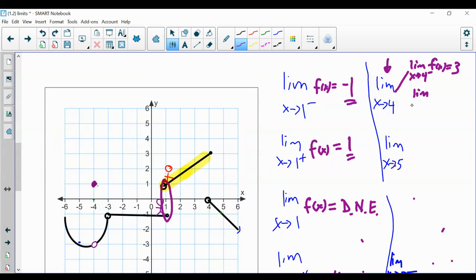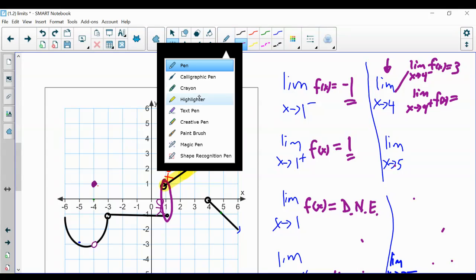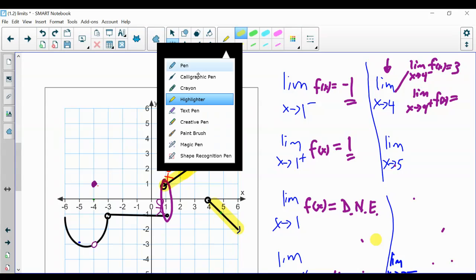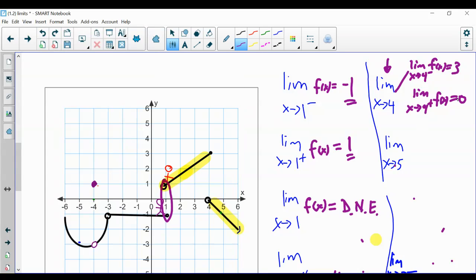Now the limit as x approaches 4 from the right of f of x, well, again, following the right path, the right side of 4, going backwards, this value I'm coming into is 0. Well, since these two values aren't equal, I would say that the overall limit as x approaches 4 of f of x does not exist.